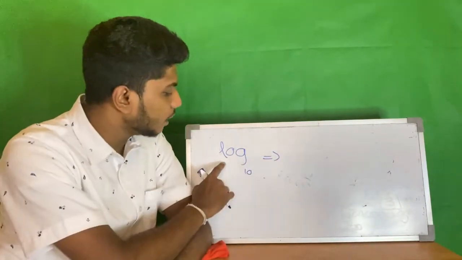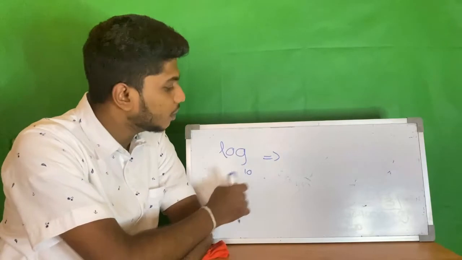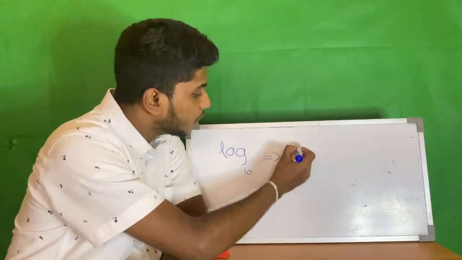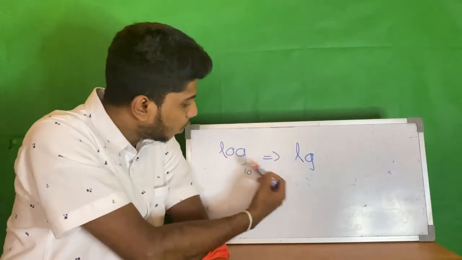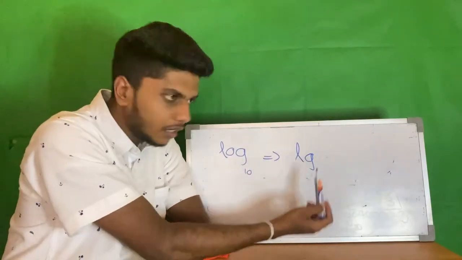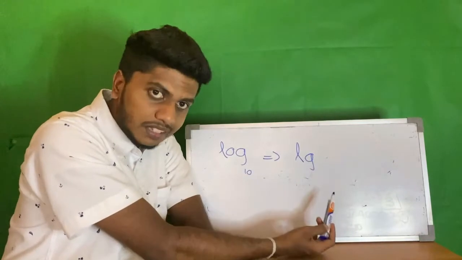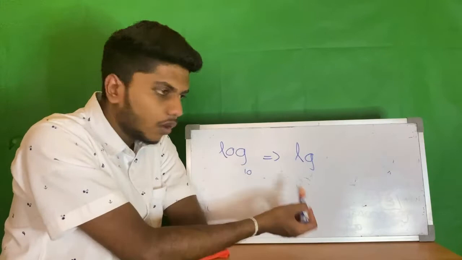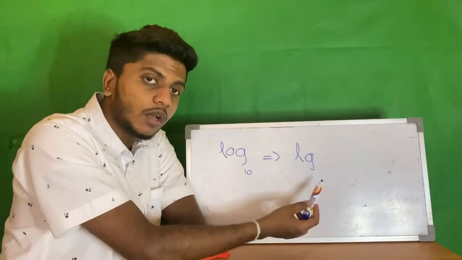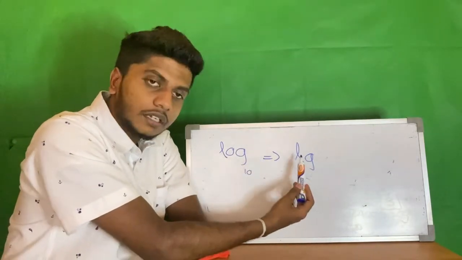So we can write log base 10 in a simpler form like this, LG. So here the LOG was here, now the O is missing and the base 10 is missing. This is a simple way of defining log 10.